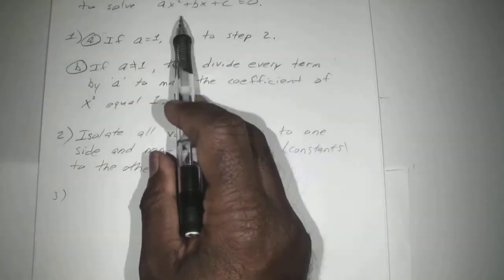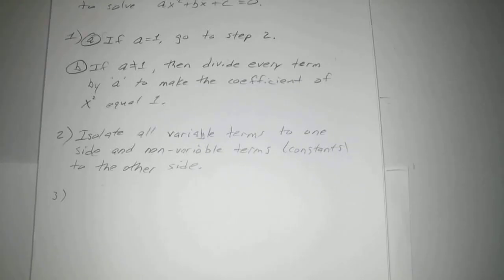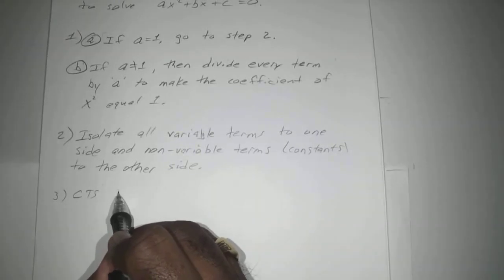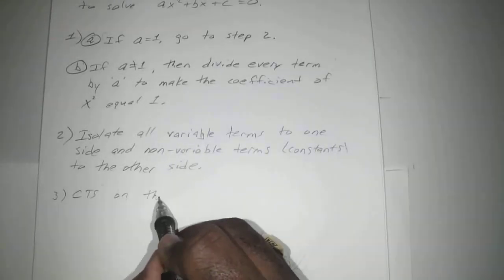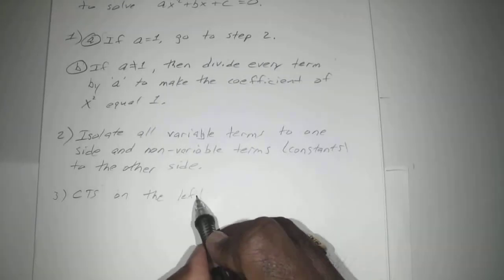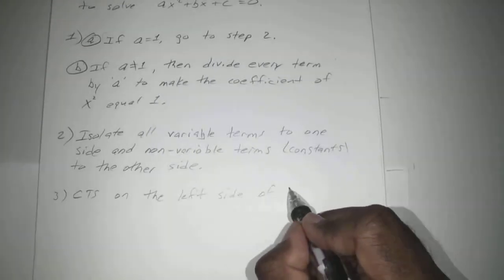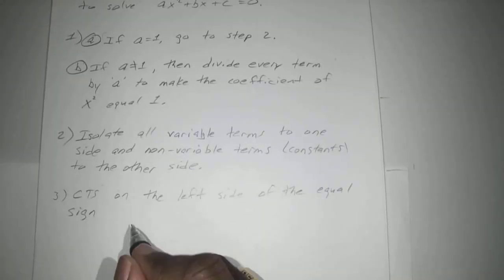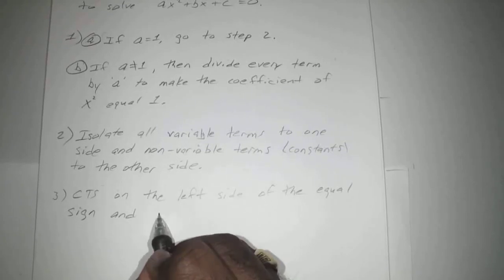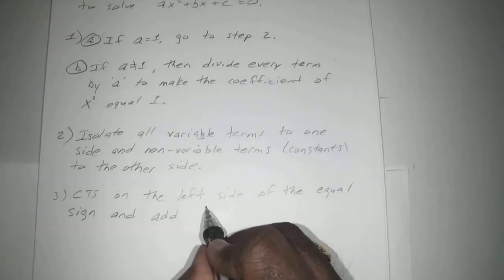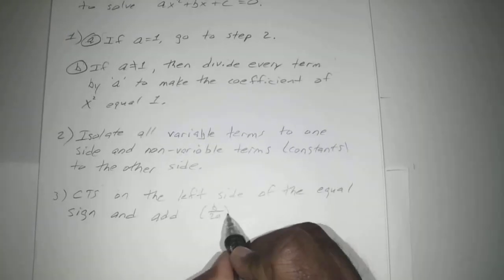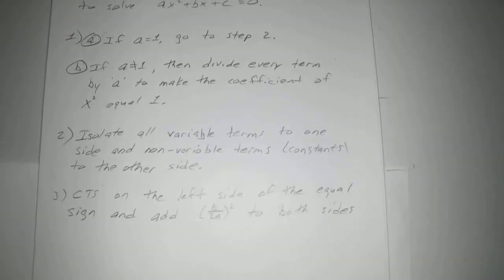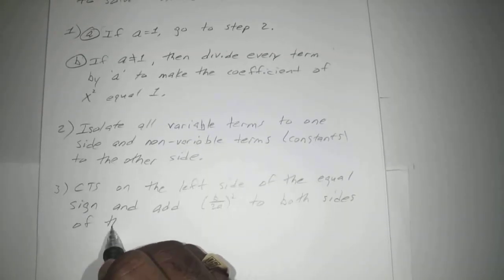Okay, now once you have your ax squared plus bx on one side, then you just complete the square. And once you do that, you're going to add that value, which is b divided by 2a squared, to both sides of the equal sign.